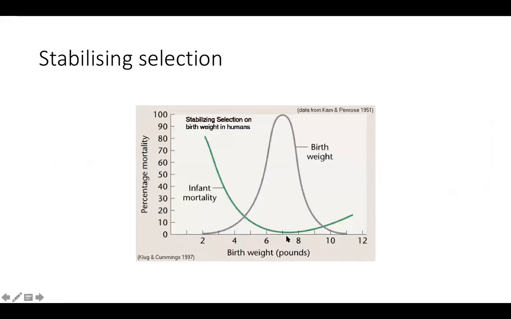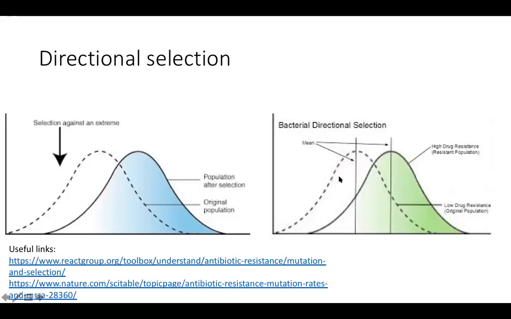Stabilising selection is a different type of selection. Stabilising selection, in fact, selects for the mean. So directional selection pushes the curve in one particular direction and it selects for extremes.